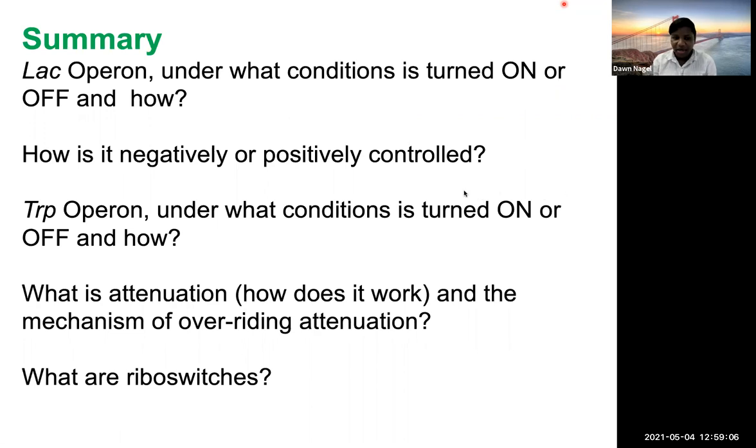And then termination of transcription occurs with lower levels, no, higher levels. Termination of translation occurs with higher levels of the trp tRNA, and it's not translation. The translation actually stalls, so you actually don't have higher levels, you have lower levels.